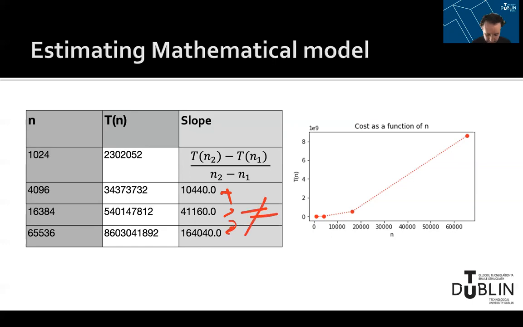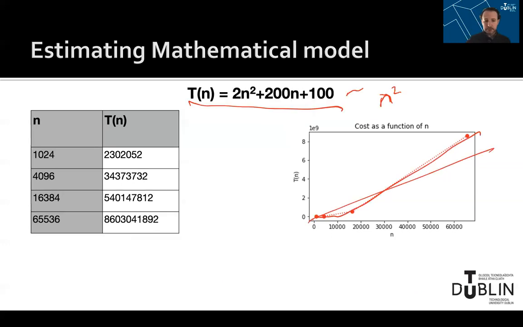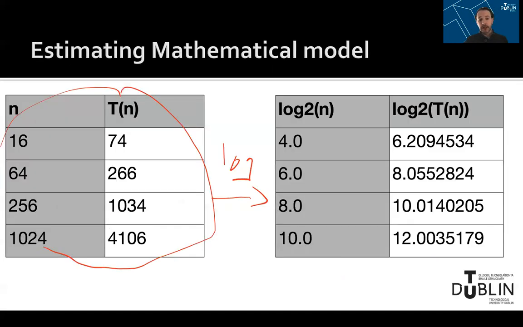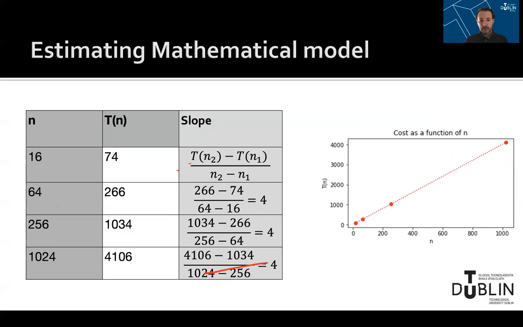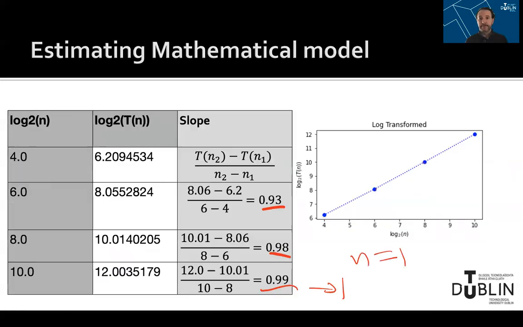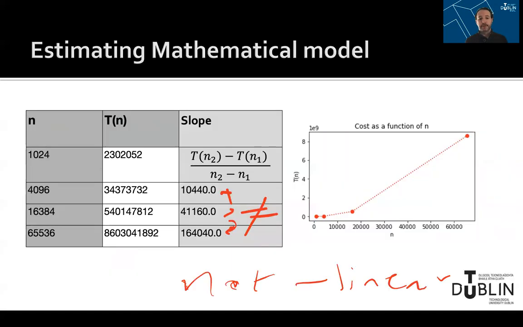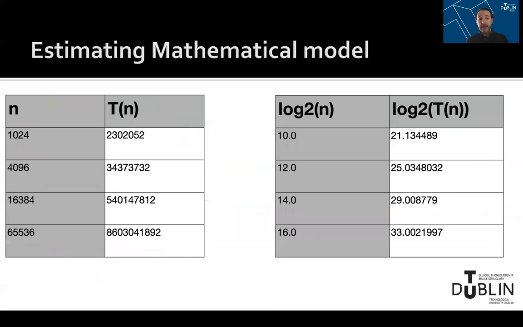Therefore, not linear. Unlike in the earlier example, where every single slope was the same, and that would say it is linear. It's a line. So, not linear.